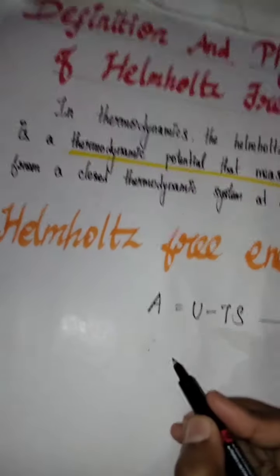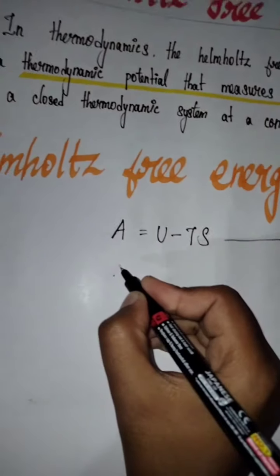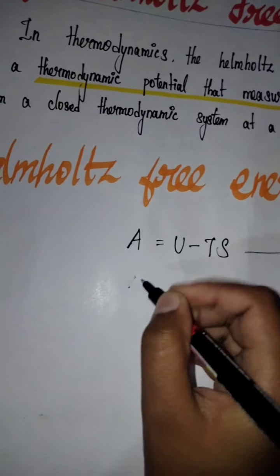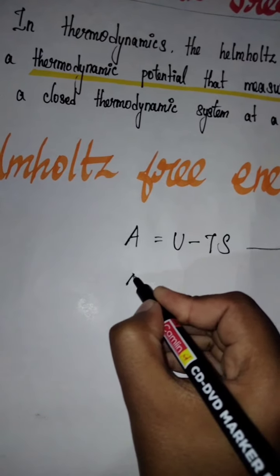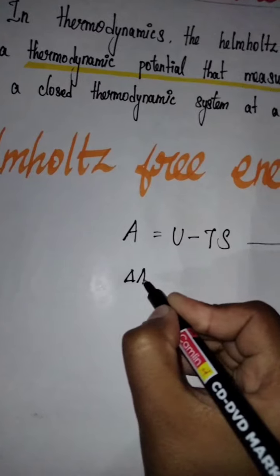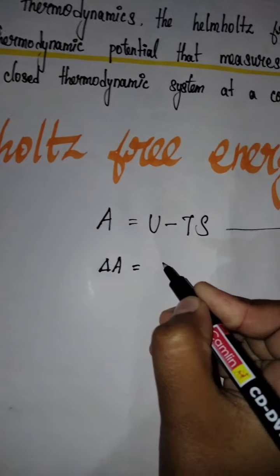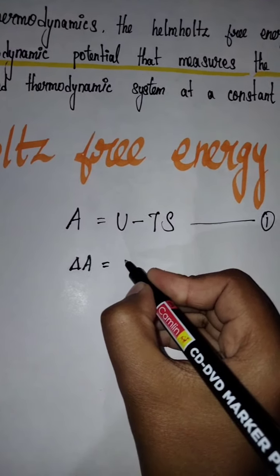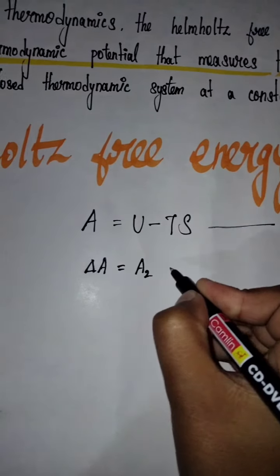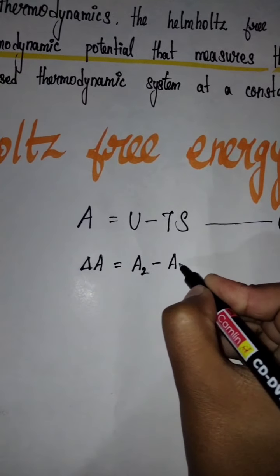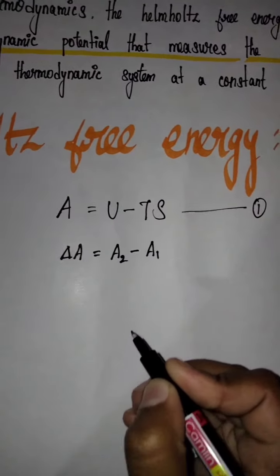So the change in free energy, del A, is equal to A2 minus A1.